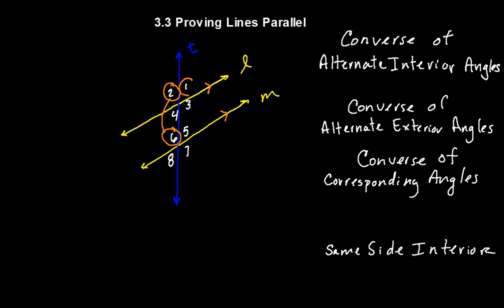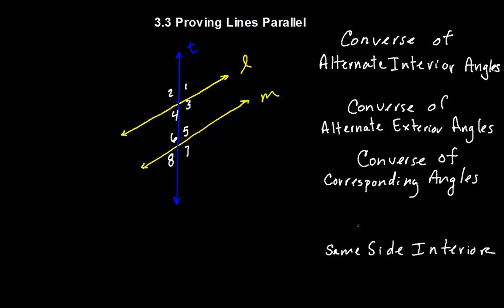Or if angles 1 and 5 happen to be equal, then you're proving lines L and M are parallel. Or it could be 3 and 7. Or it could be 4 and 8. If any of those pairs, and corresponding angles are 4 pairs, if any of those 4 pairs are equal to each other, you're proving that lines L and M are parallel.